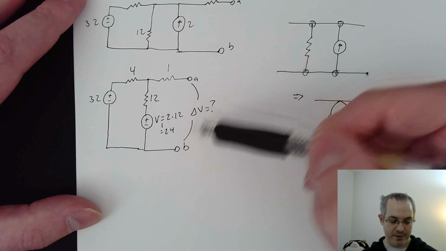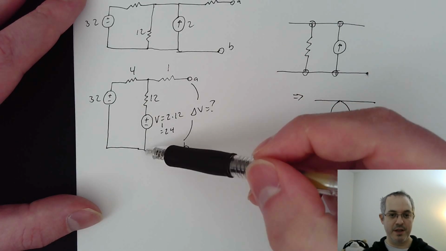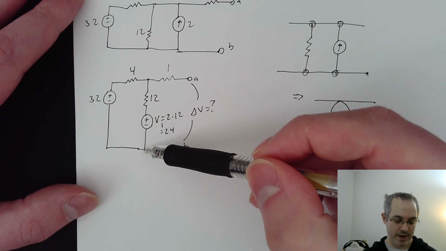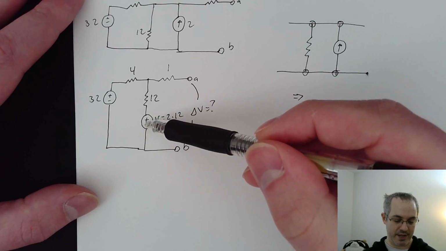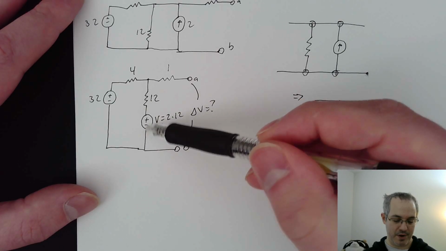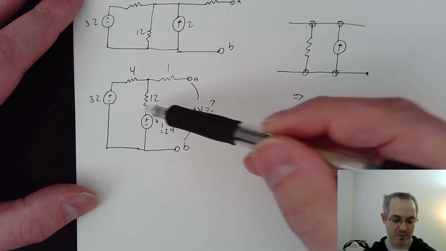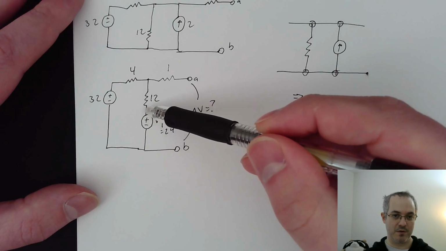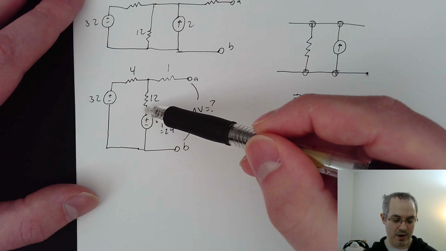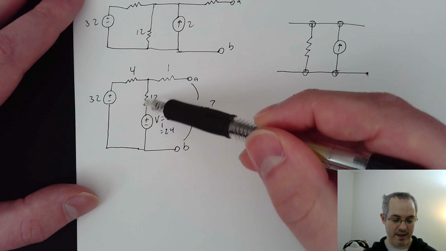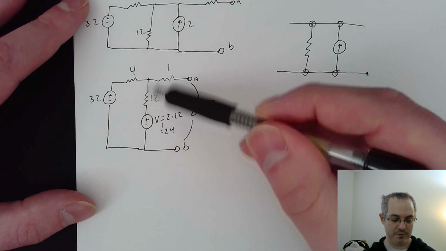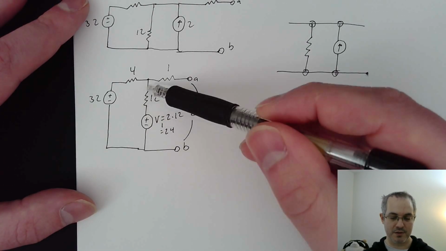So to find this voltage difference, we could start at B and say that's 0, and then go up, and you see we're going to have to add, since we're going from minus to plus, we're going to have to add 24. So at this point, it's 24. And then we go up here, and we gain or lose however much voltage difference there is across the 12.